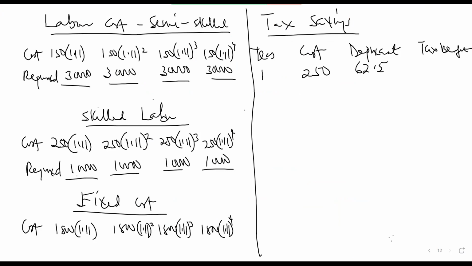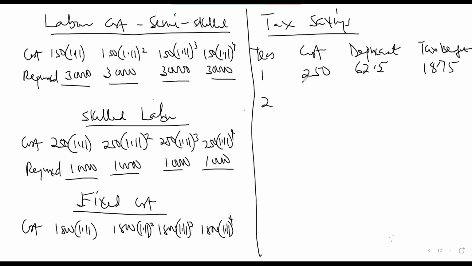What is the tax rate in the question? 30%. So you multiply your 62.5 times 0.3. This is a depreciation that we should have been taking, but we didn't take it. So we apply tax of 30% on this one. I'm getting 18.75. Yes.